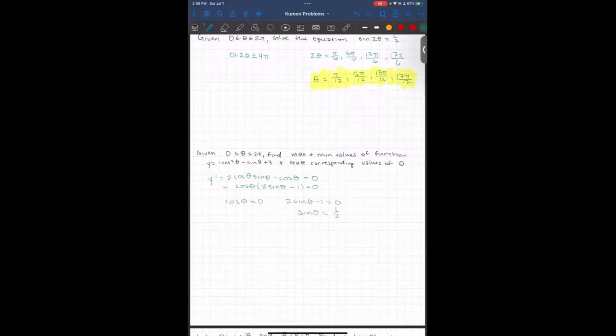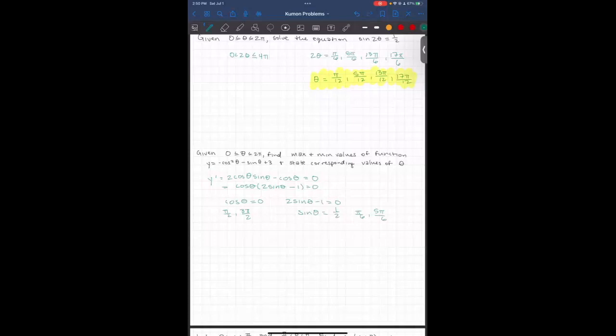Solving cosine theta equals 0, we have pi over 2 and 3 pi over 2, and solving sine theta equals 1/2, we have pi over 6 and 5 pi over 6.